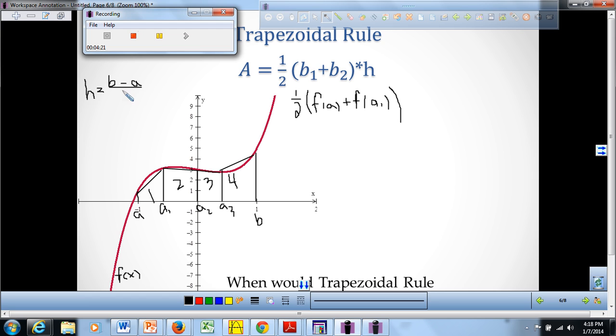And in our case, n is 4. So b minus a over n, so that's what we have to use for our height in our trapezoid here. And I'll go ahead and use b minus a over 4.